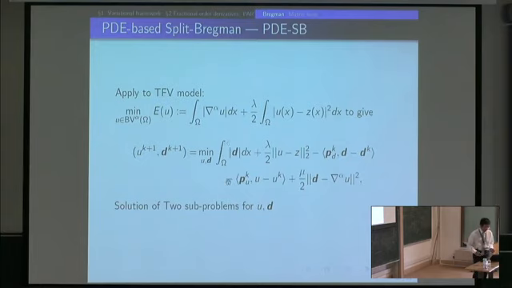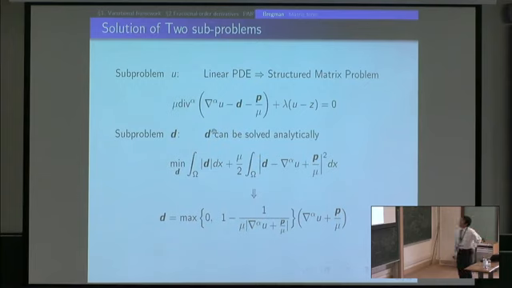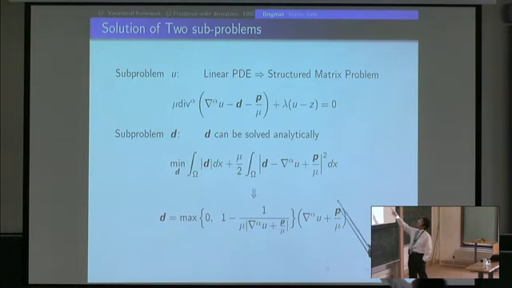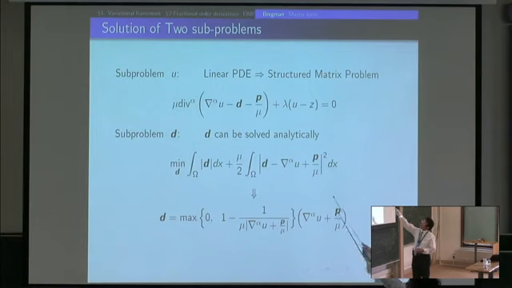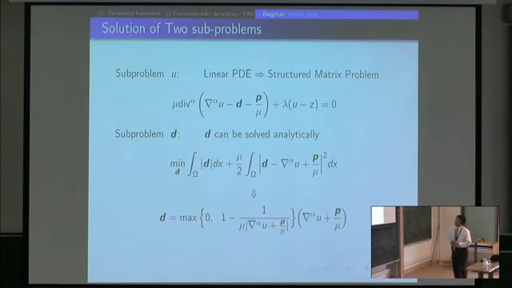Now with this split variable D, we have two unknowns, D and U. If you look at the two subproblems, first for the U problem, because the one norm becomes two norm, you have a linear fractional PDE. You can derive that, and this is much easier. Subject to nice conditions, this can be solved nicely. I'll show you some details. And then the subproblem for the split variable D can be found analytically if U is given. So you alternate.